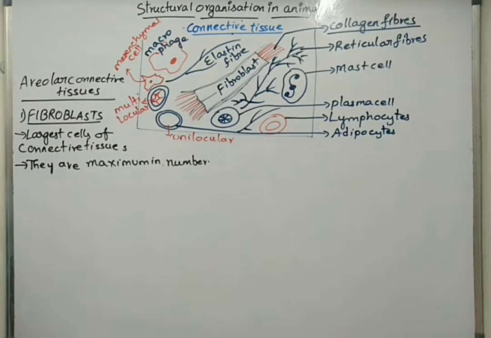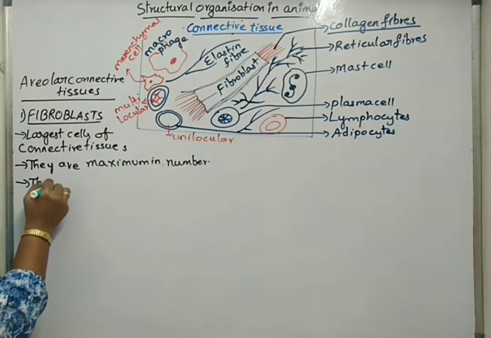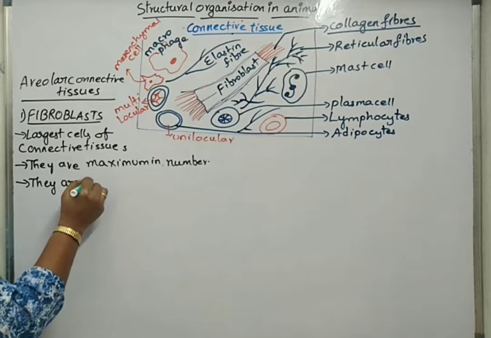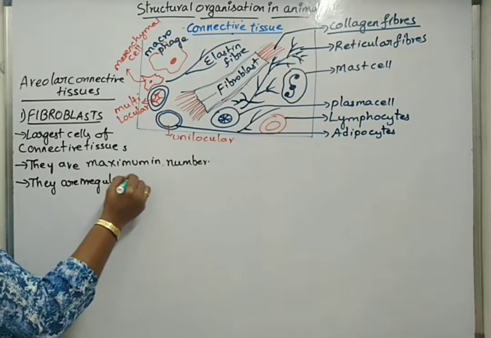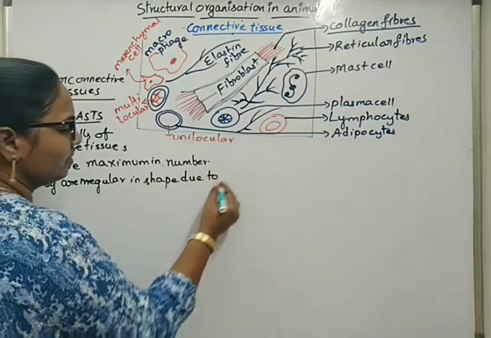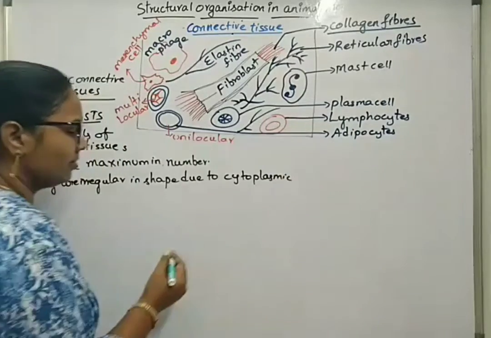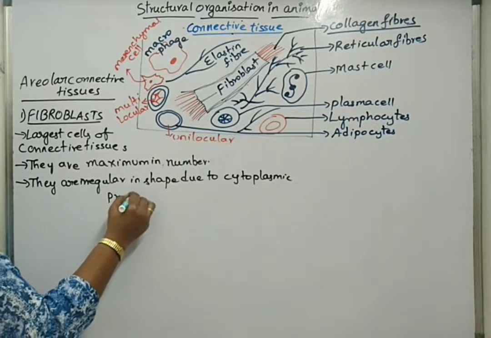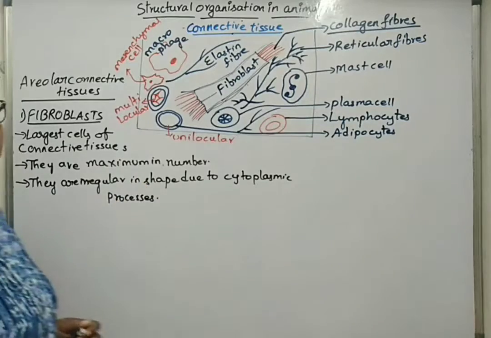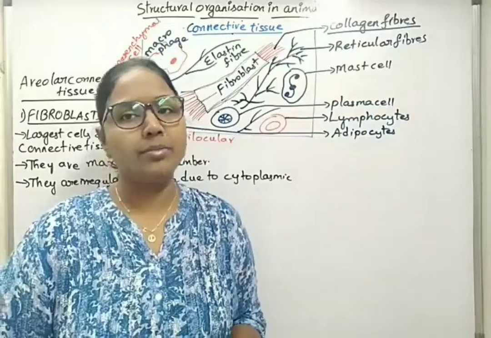These fibroblasts are irregular in shape due to cytoplasmic processes. Cytoplasm of fibroblast is rich in endoplasmic reticulum organelle.